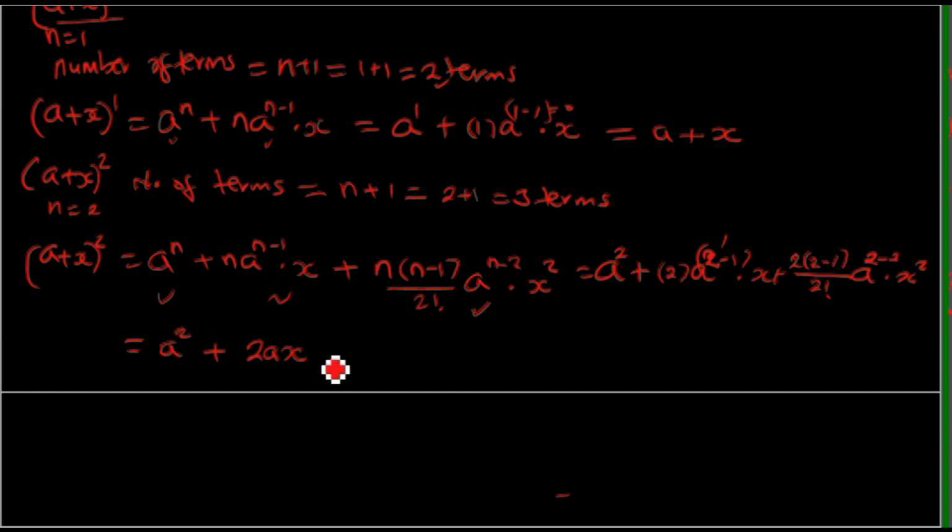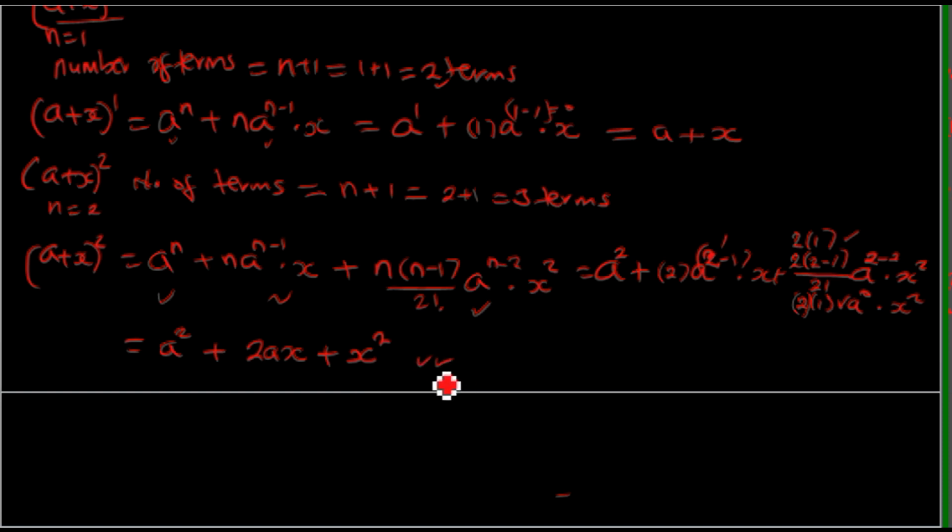Then you add 2 into 1, divided by factorial 2, multiplied by a power 0 times x squared. This is just the same as 2 divided by 2, which is 1, and a power 0 is 1. So the final answer becomes a squared plus 2ax plus x squared.